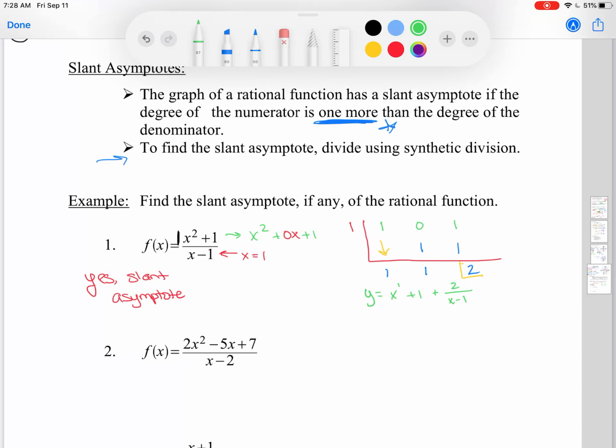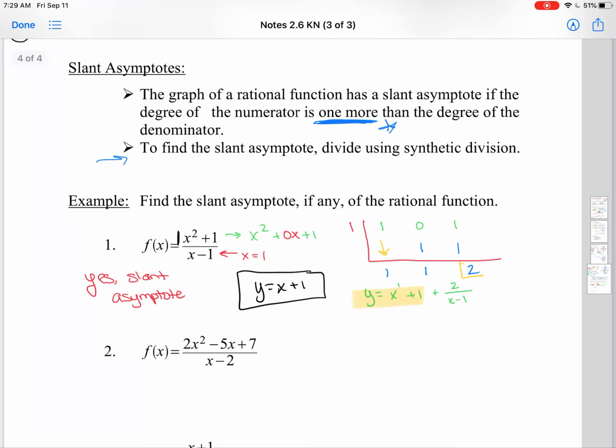So that would be my rewritten function when I divided by x minus 1, but when I do my slant asymptote, I am only focused on this section here. I don't need that remainder.